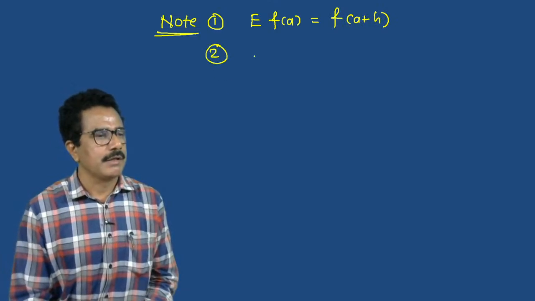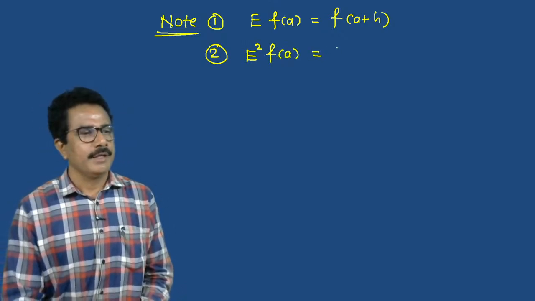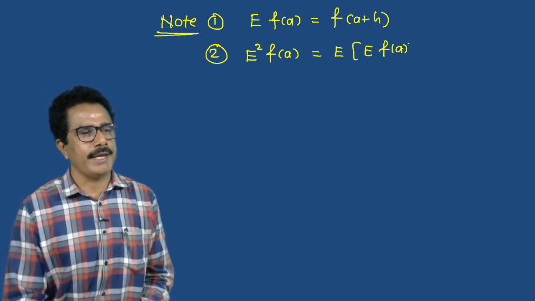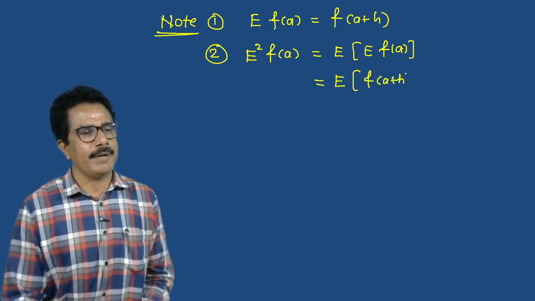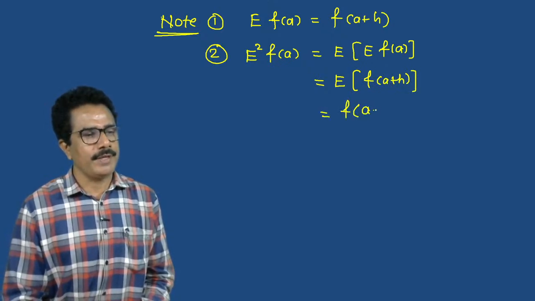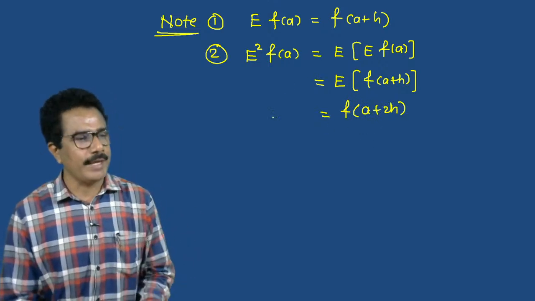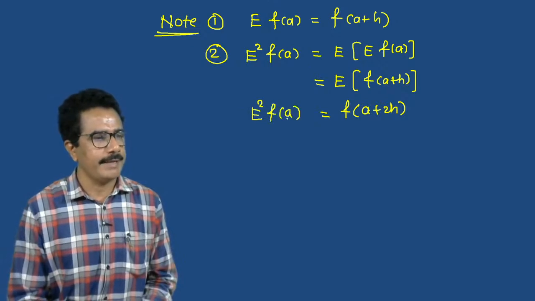Second, E square f of a means what? E of E of f of a, that means E of f of a plus h. So it is f of a plus 2h. If it is the second shift operator, f of a plus 2h results. E square f of a.